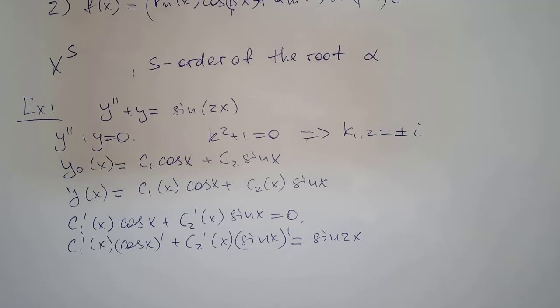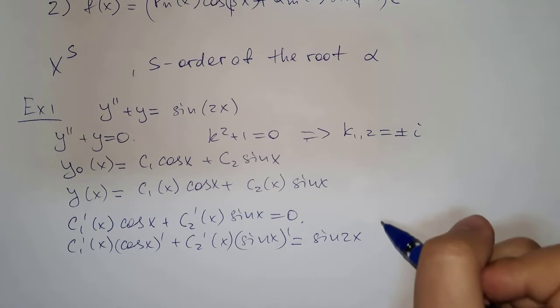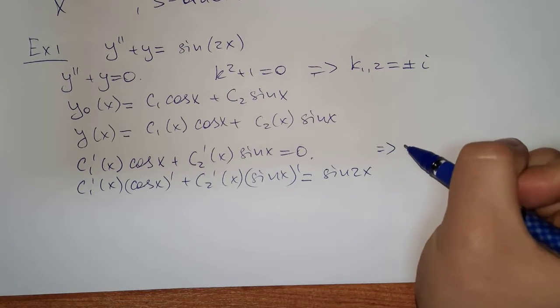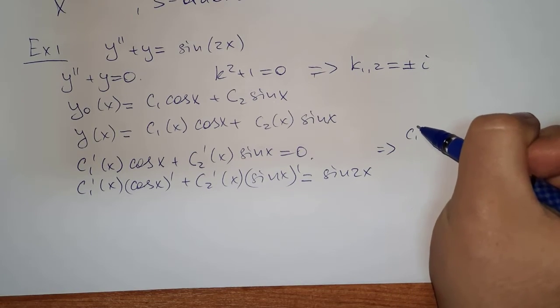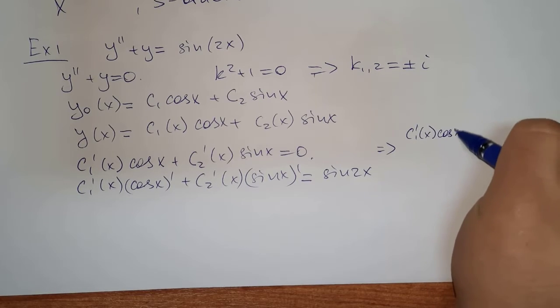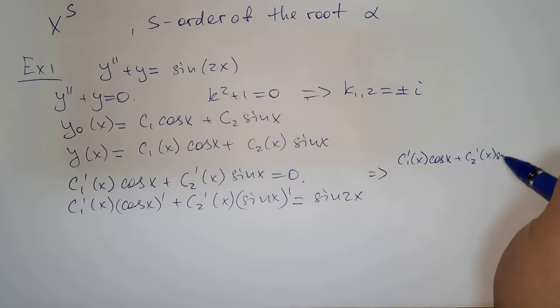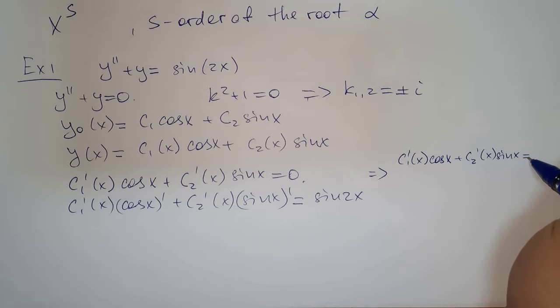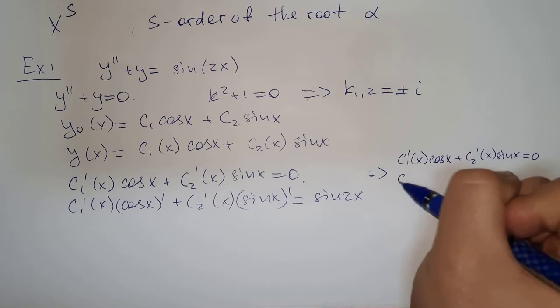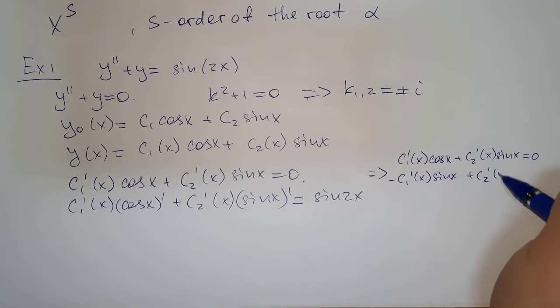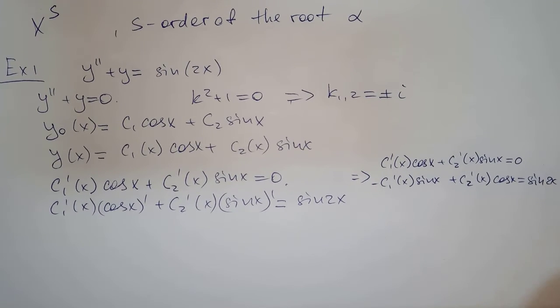Then we have the next equation. So let's write here c1 prime of x cosine x plus c2 prime of x sine x is 0, and here we have c1 prime of x times minus sine x plus c2 prime of x cosine x is sine 2x.